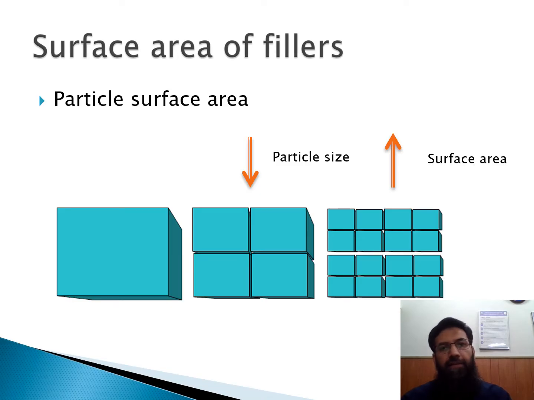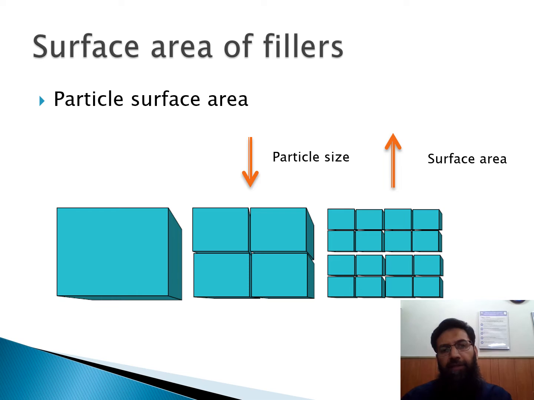After the particle size, the surface area is another important criterion for the selection of the filler. Mainly, for reinforcement we need a high surface area, and definitely, if we reduce the particle size, we move towards a high surface area.